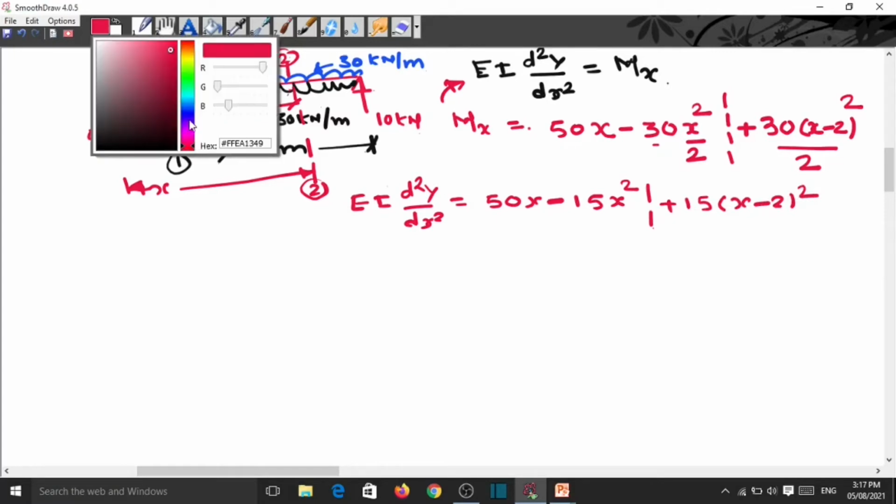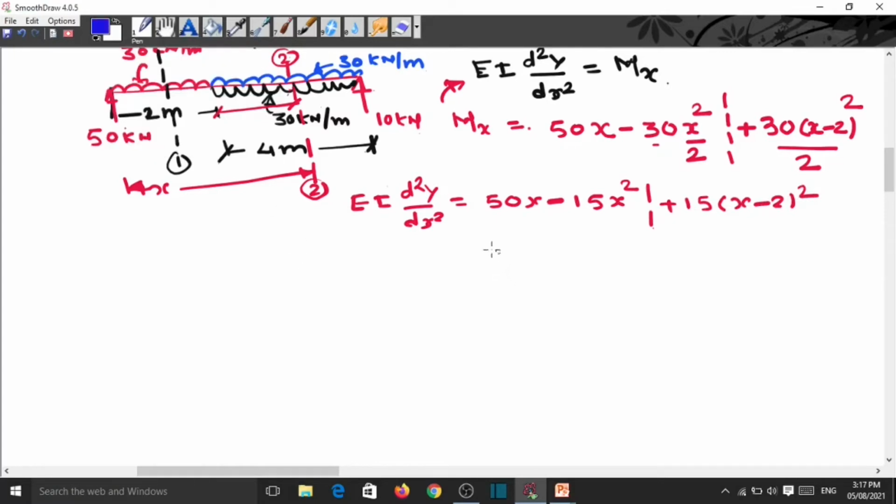Now the next step is to integrate. We integrate both sides.